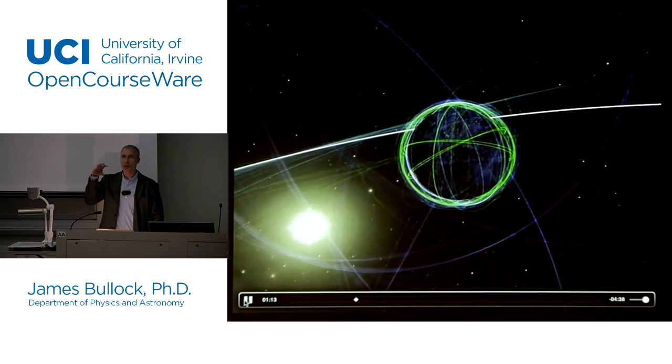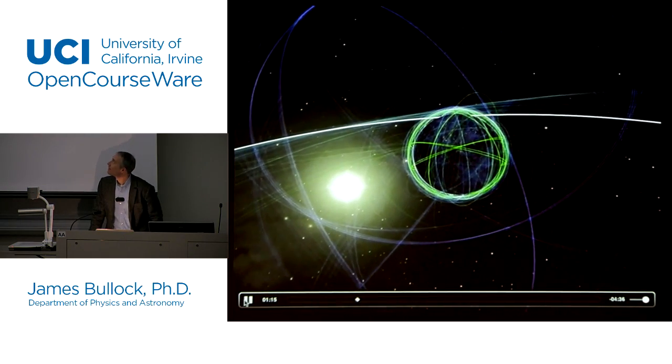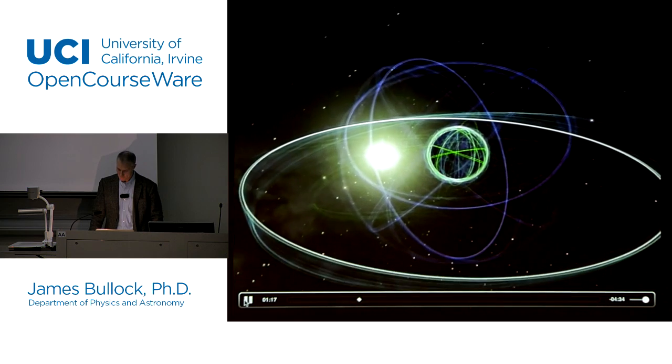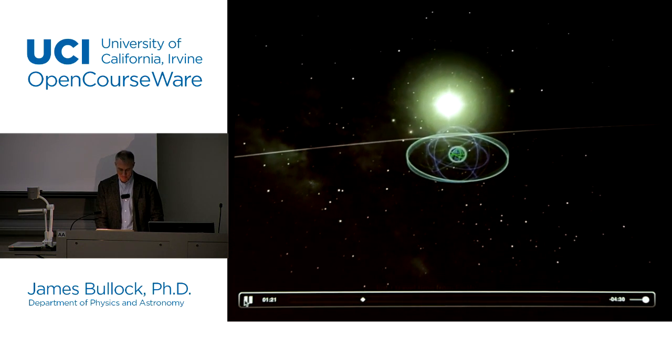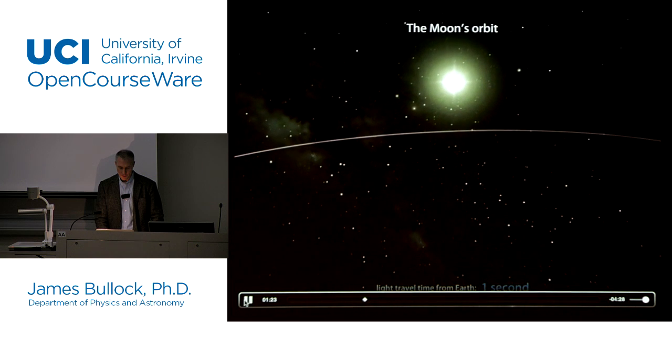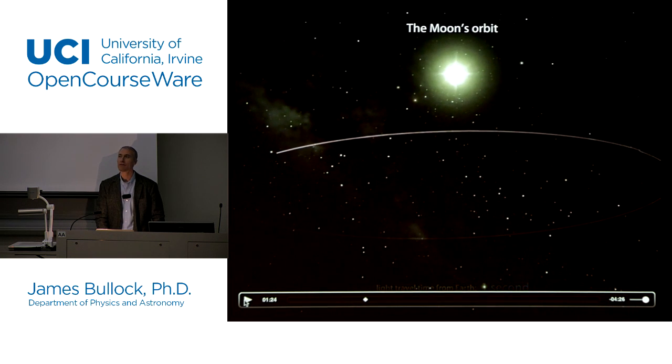The camera's circled around, and now we're looking at the sun and the dark side of the Earth, nighttime. That's the moon's orbit. The moon is way out there. And it says at the bottom what the light travel time is. It takes light a second to get there.